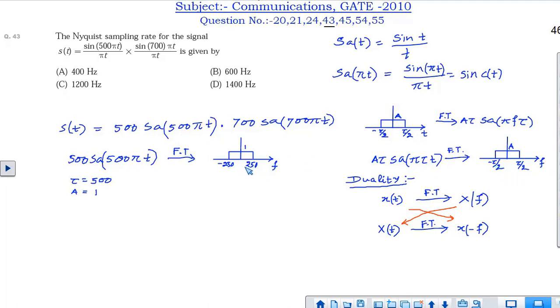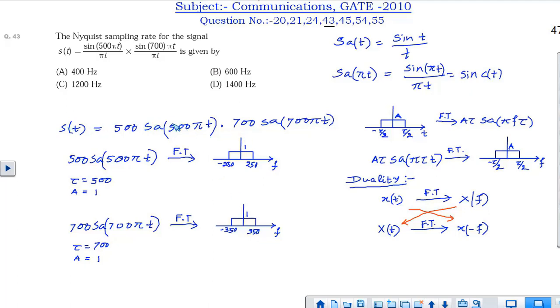Tau by 2 is nothing but 250. So the rectangle pulse will be from minus 250 to 250 and the amplitude will be simply 1. Okay. Similarly, for 700 sinc(700 pi t), the Fourier transform will be like this. That is, the duration will be from minus 350 to 350.